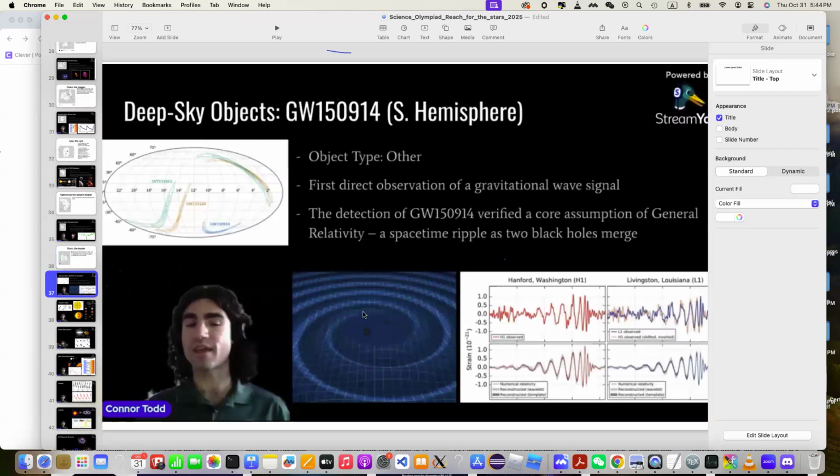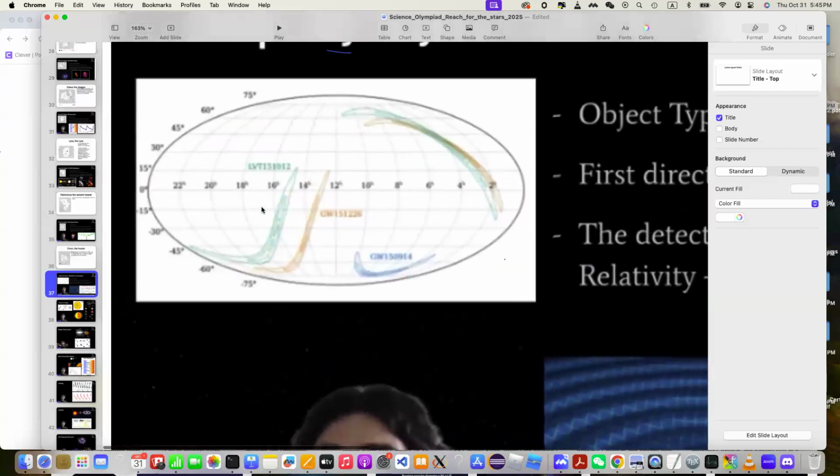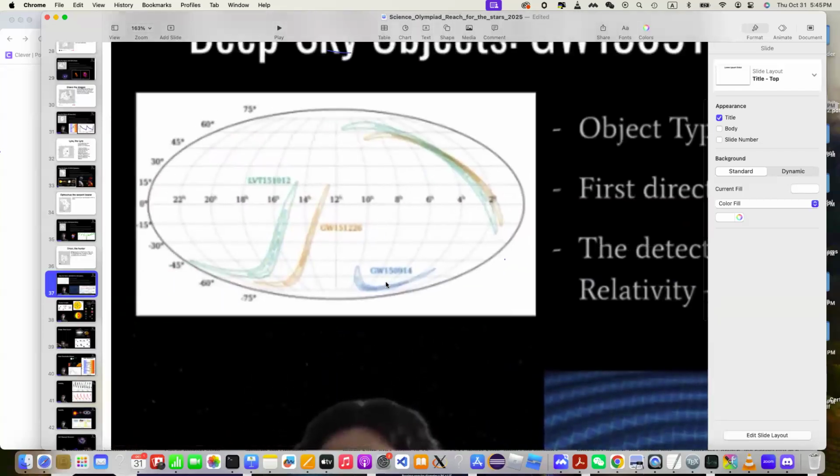Okay, and the last object is gravitational wave 150914, because it was discovered on 2015 September 14th, and the location is in the Southern Hemisphere. That's not very exact; in fact, it's an area in the Southern Hemisphere.